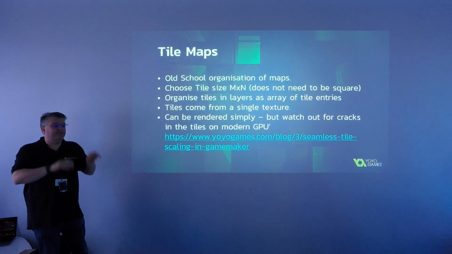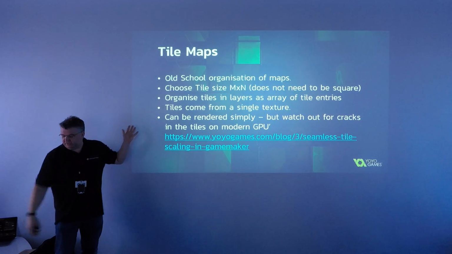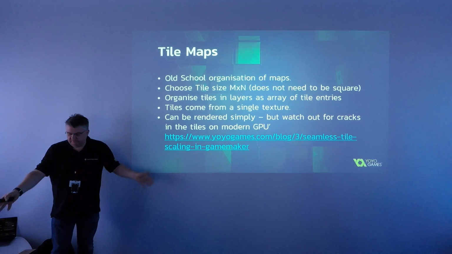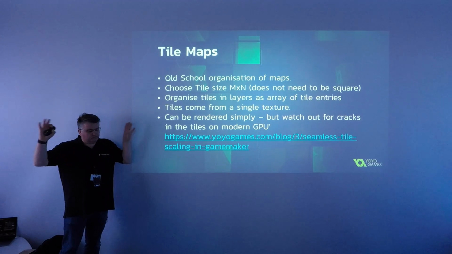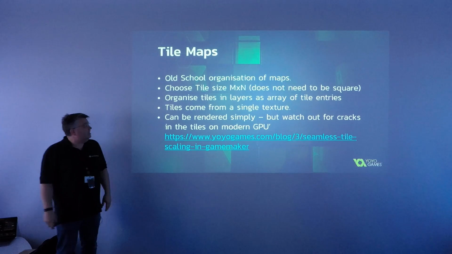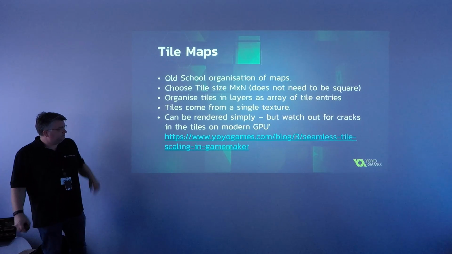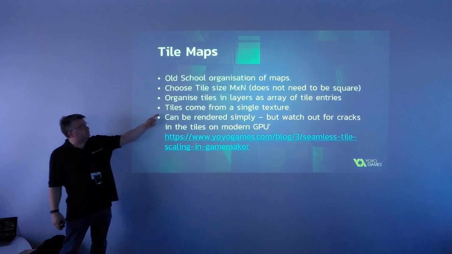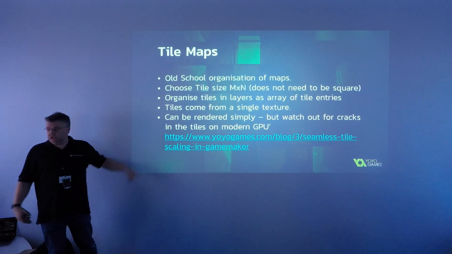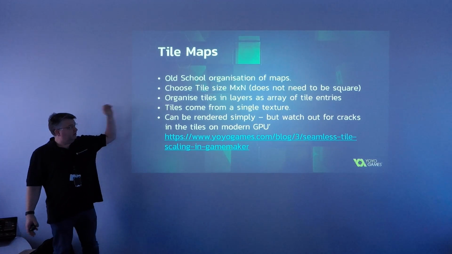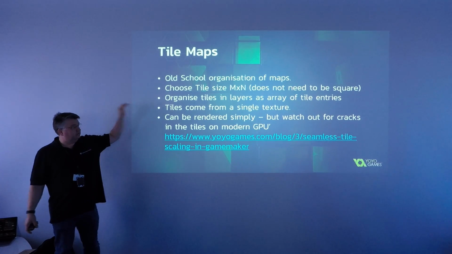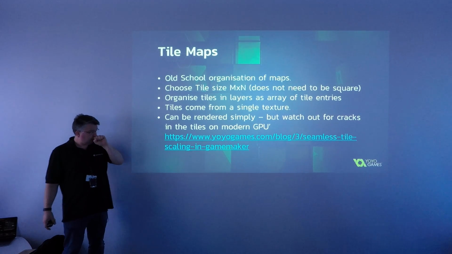So when I say m by n, I mean it could be 20 by 3000, 3000 by 6000, anything that you actually want. It just comes with a tile map entry for each one. Tiles themselves come from a single texture. This is exactly what we're talking about: all the graphics for a single tile and a single layer.